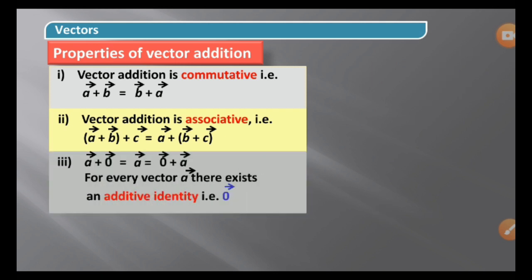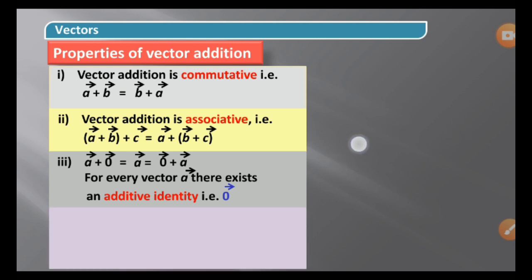Now the third property: vector a plus 0 vector is equal to vector a, which can also be taken as 0 vector plus vector a. For every vector a there exists an additive identity, that is 0 vector. The next property: vector a plus, in brackets, the negative of a vector, is always equal to 0 vector.